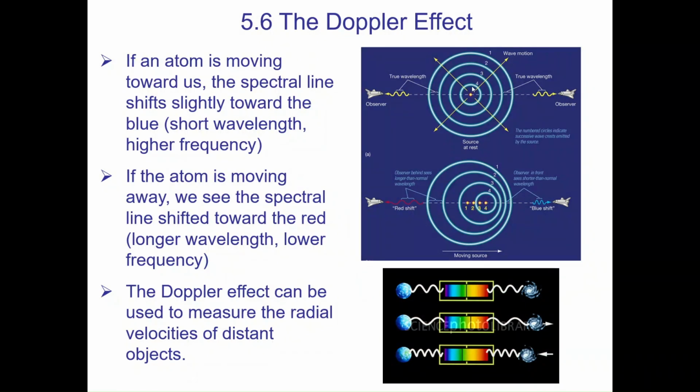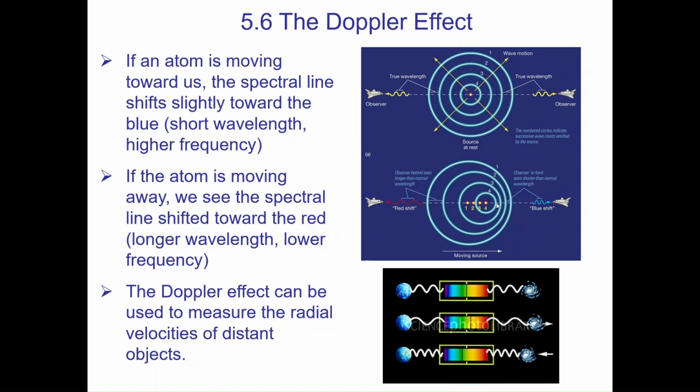You can see these rings, the series of rings represents the crests of the wave the star emits. You can imagine that is a light wave. When the star is moving towards a certain direction and at the same time emits a light wave, you can see all the light wave from the front is being compressed. Remember, the distance between those rings represents the wavelength of the light.